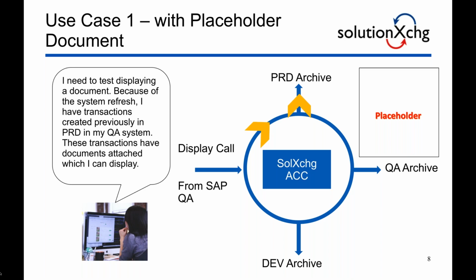So you could decide that only for HR documents you want those placeholders, but for financial documents you would be okay displaying the actual content. You could also have scenarios where you're using the ACC with more than just 2 archives. If you have a 3-tier landscape, we can configure that as well.